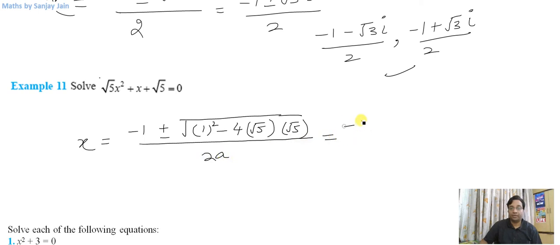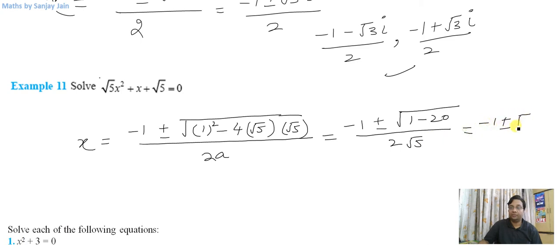So I'll have minus 1 here plus minus, this will be 1 minus root 5 into root 5 will be 5, 5 into 4 will be 20. So this is 1 minus 20 upon 2a, that is 2 root 5. So it will be minus 1 plus minus root 19 iota divided by 2 root 5. So these are the solutions.